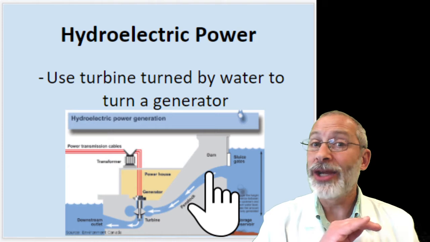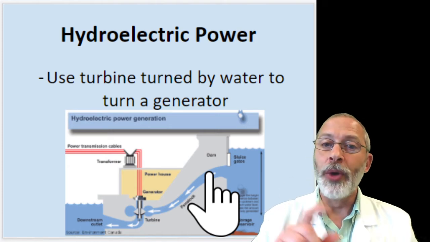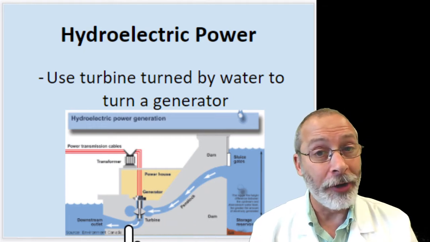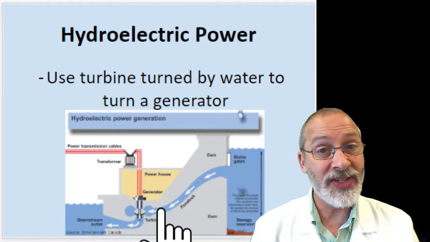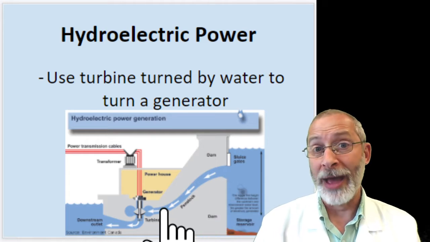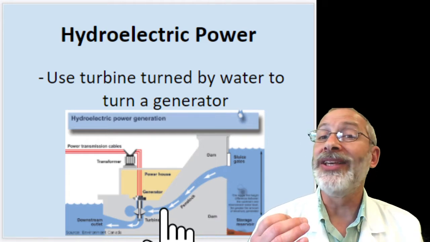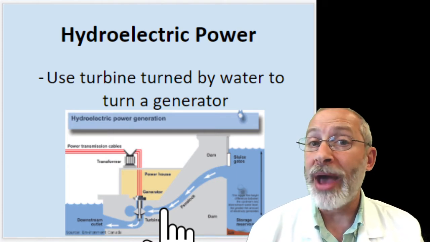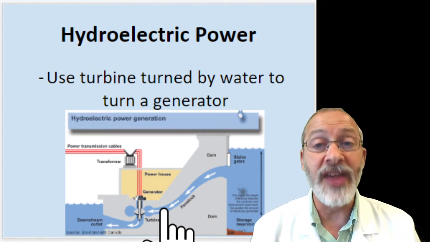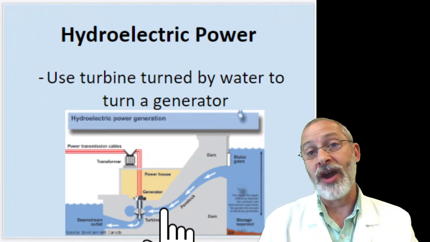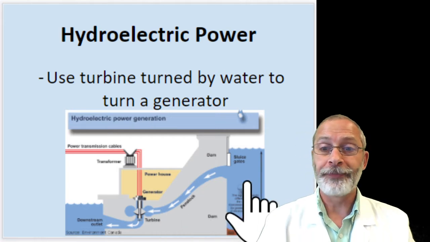With wind, you can't control the wind, but with hydroelectric power, you can control the flow of water. You can control its velocity and its volume. And by controlling those parameters, you can create a steady supply of electricity, which you can't do with wind power. So there are definite advantages to using hydroelectric power if the environmental conditions are suitable.